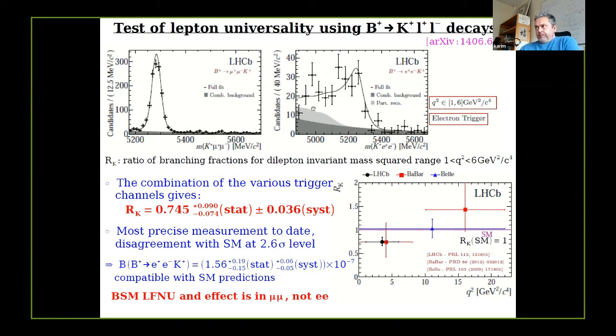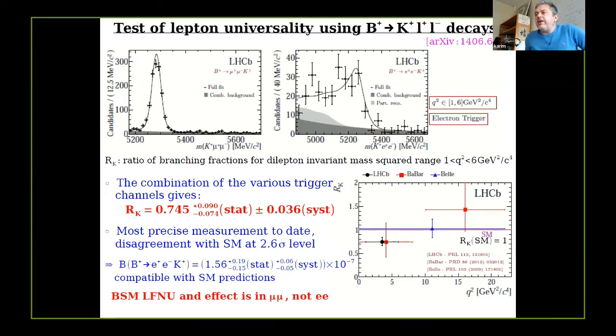But after careful study of the background, you are able to estimate the yield and get this ratio, or this double ratio, when you normalize to J/psi K as a function of q squared. And in the low q squared, this is for LHCb, this black point you see here, things are deviating also.